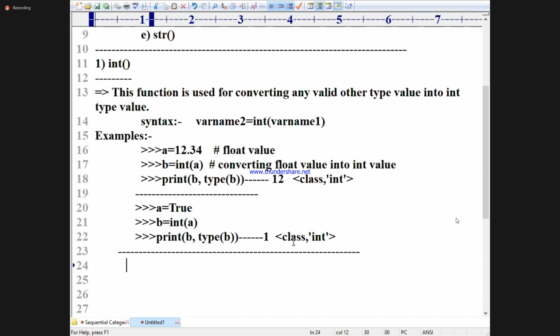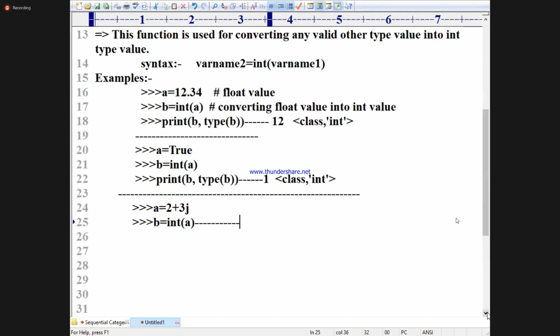Next, I will take next here. A is equal to 2 plus 3j. B is equal to int of A. What is it? Type error. Is it a proper type to convert?